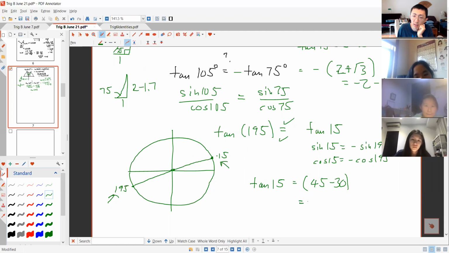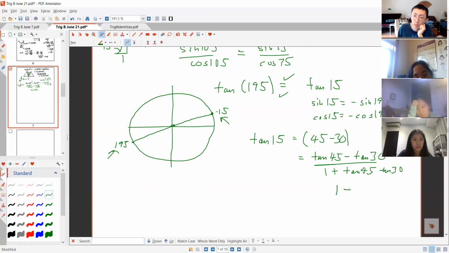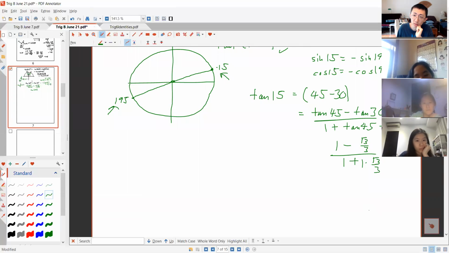If we use the tan subtraction formula, it's tangent of the first minus tangent of the second over 1 plus tangent A tangent B. So 1 minus tangent 30 is like this over 1 plus this. This looks very similar to something we had earlier.